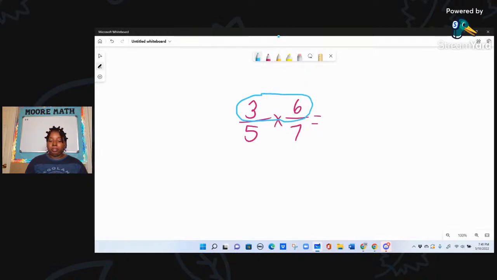So 3 times 6 is 18. 5 times 7 is 35. And that's it, right? You can't reduce this one, but normally, let's say it was a 36, you can divide by 2, 6, or 18 to figure it out, right? But the basis of multiplying fractions is we just go straight across.